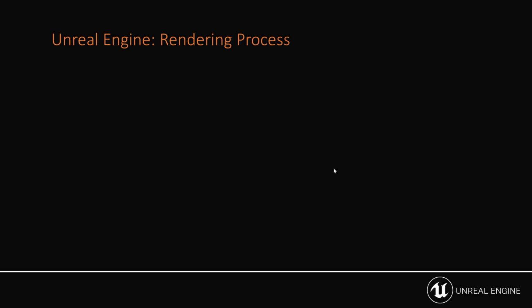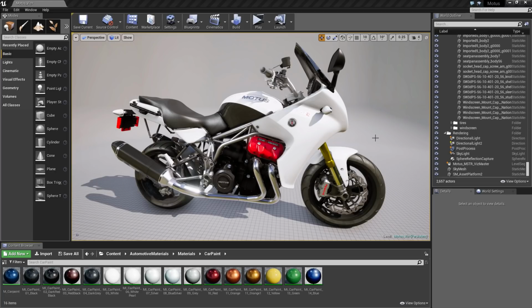All right, let's take a look at the Unreal Engine rendering process, and what is involved in rendering in Unreal Engine. There are a couple of key things that we want to follow with rendering. Nothing can be really beautifully realized without the importance of utilizing materials.